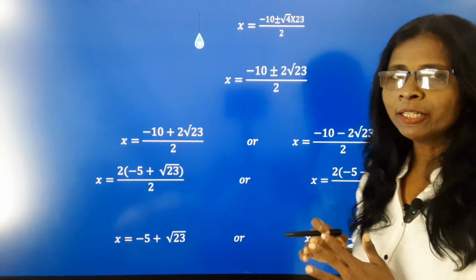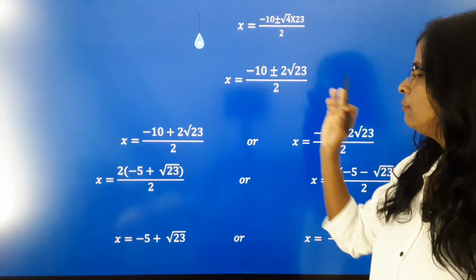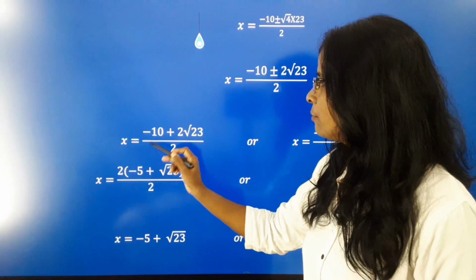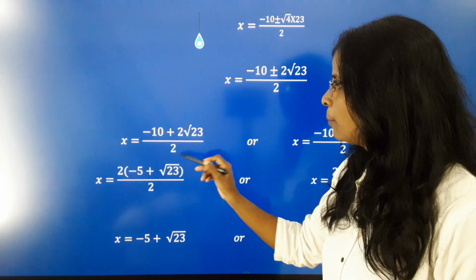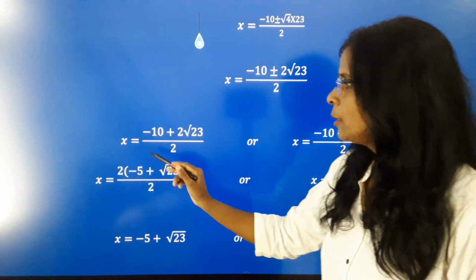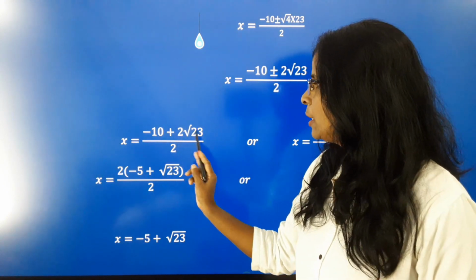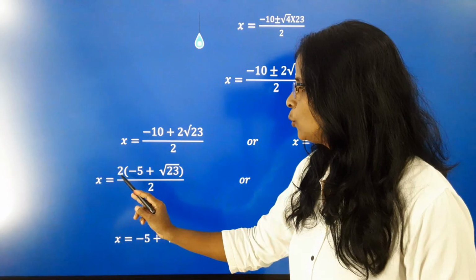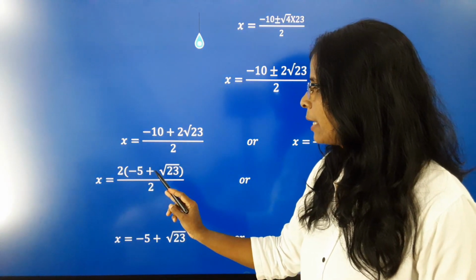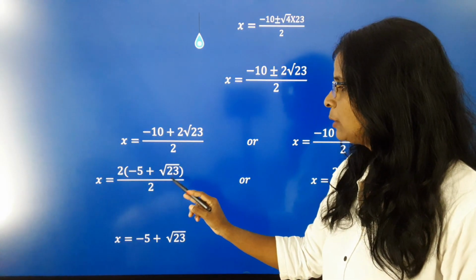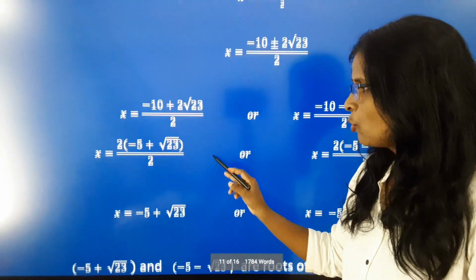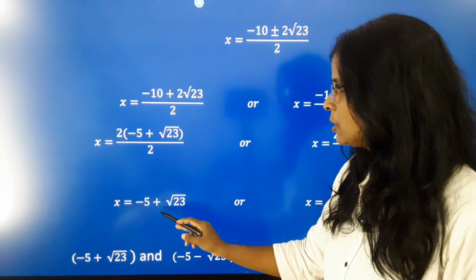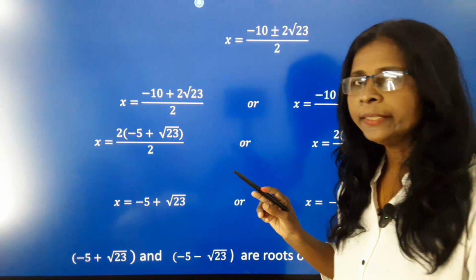So now the bifurcation process. Here x is equal to minus 10 plus 2 square root 23 over 2. Common out 2 from the numerator, so in the bracket minus 5 plus square root 23, over 2. That means the 2 gets cancelled. So x is equal to minus 5 plus square root 23.